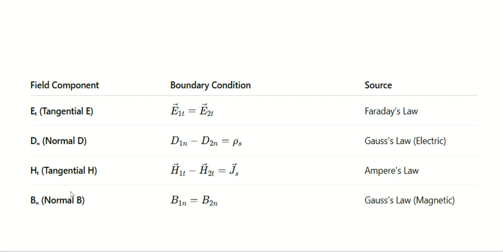If we move back a step, we can see that D and B are normal, so we're talking about the walls of the wires, and H and E are tangential, so we're talking about the flow along the wire, the flow of electricity or electrons through the wires. B and D, with no penetration, are about the walls, whatever happens at the walls of the conductors, or whatever material you're using to carry and generate your electricity and magnetism.